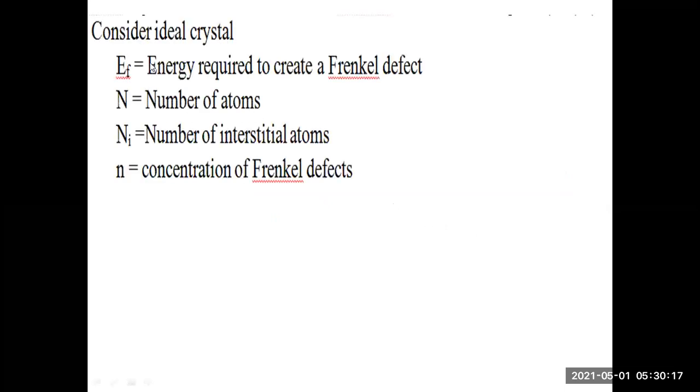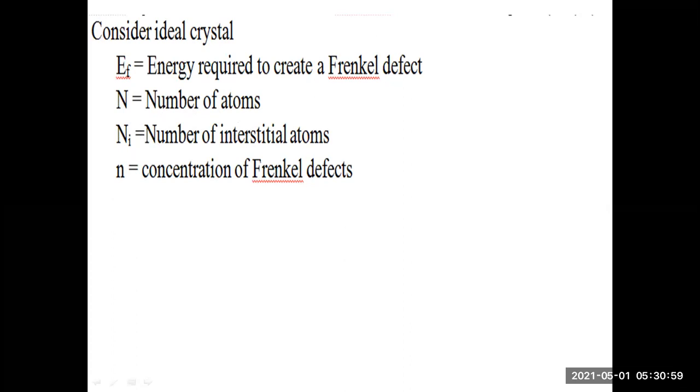We already considered the ideal crystal. Let us consider the ideal crystal and E suffix F, the energy required to create a Frenkel defect. I think you will not have any problem, as we have done in the previous two derivations in the same manner. So E suffix F, small f, is the energy required to create a Frenkel defect. Since we are considering the ideal crystal, the number of atoms is capital N. And N suffix I, as I told you, the Frenkel defect is a combination of interstitial and vacancy.